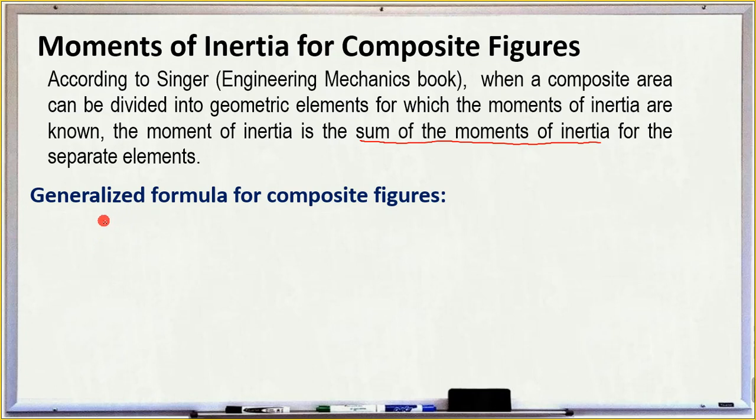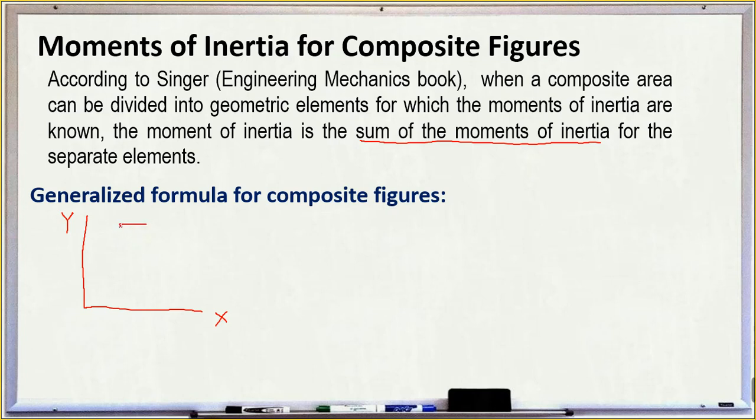Let's say, for example, we're going to derive the generalized formula for composite figures. If we have here an xy plane, and then on this plane we have several objects or figures, simple figures.